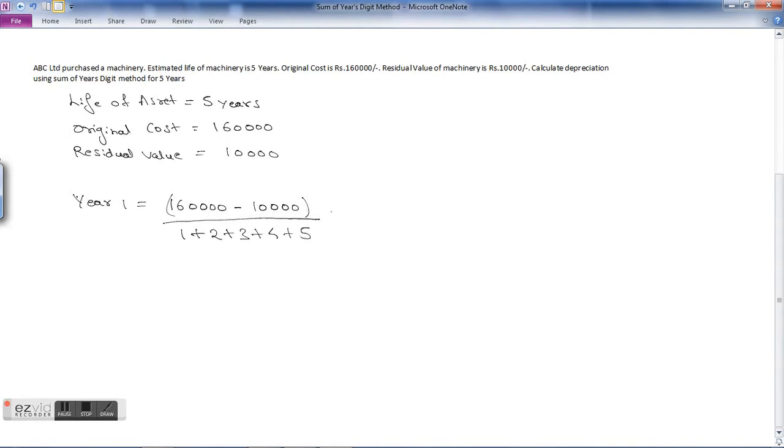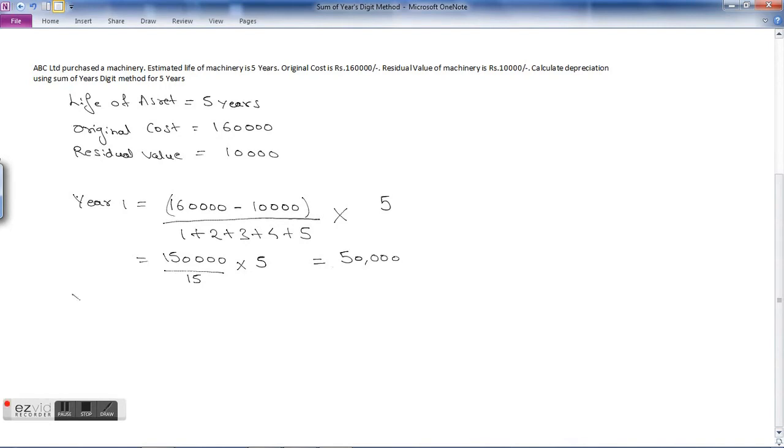So in the first year the remaining number of years of the asset is 5, including the current one, so into 5. Now this comes to how much? 1,50,000 divided by 15 into 5, that is 10,000 into 5. So in the first year the depreciation is 50,000.